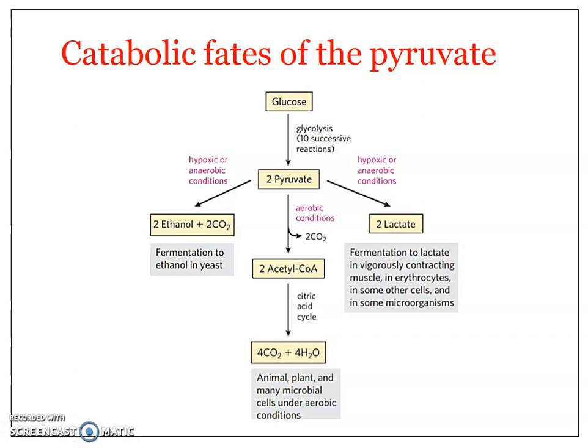And here you can see that along with that, carbon dioxide is also produced. So under anaerobic or hypoxic conditions in yeast and in certain bacteria, alcoholic fermentation takes place.